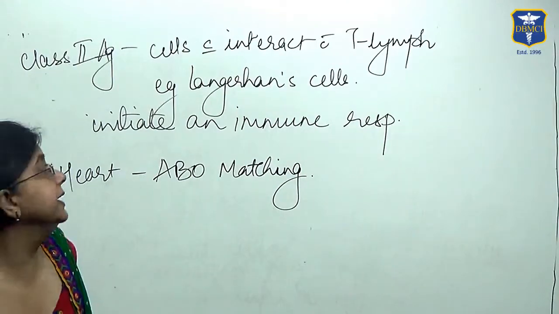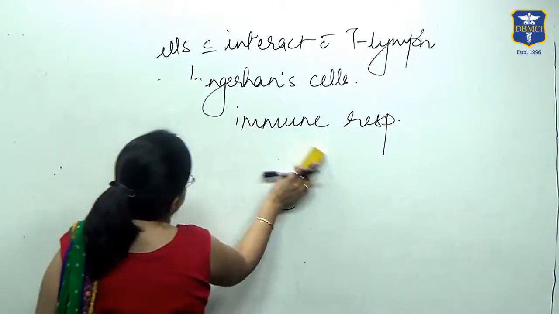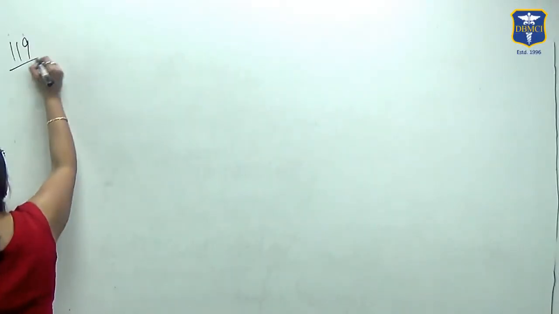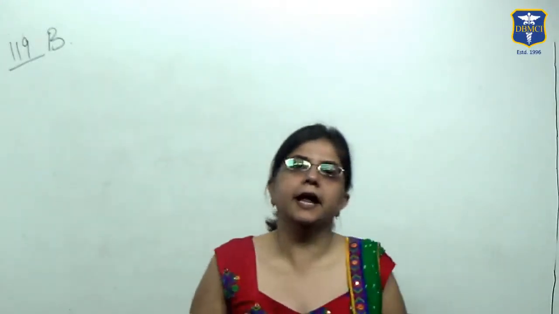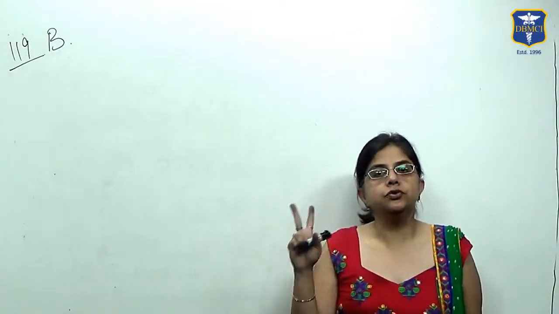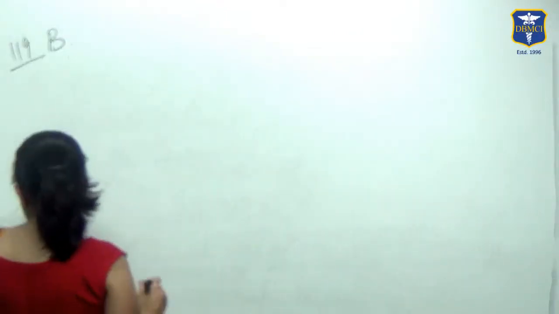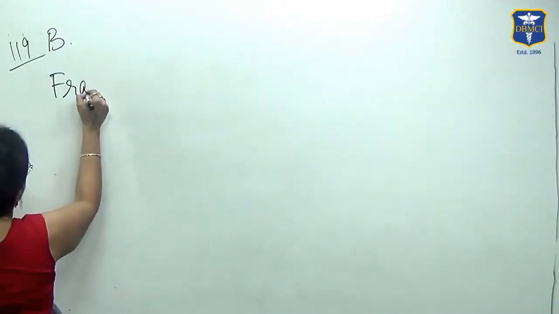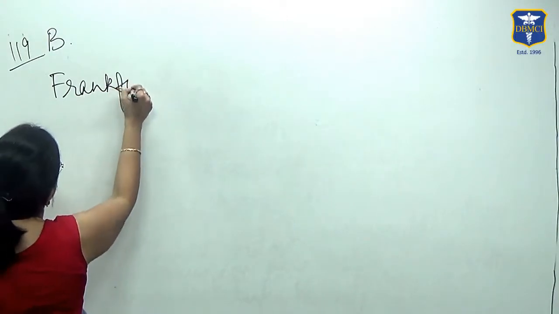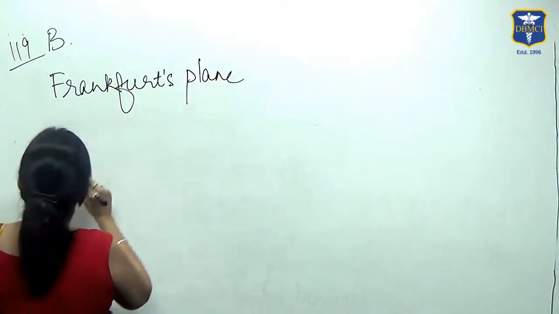Question 119, the answer is B. Basically, to keep the skull in the anatomical position, two horizontal planes are considered. One is the Frankfurt plane, which is there in your question, and the other is the Reid's baseline.